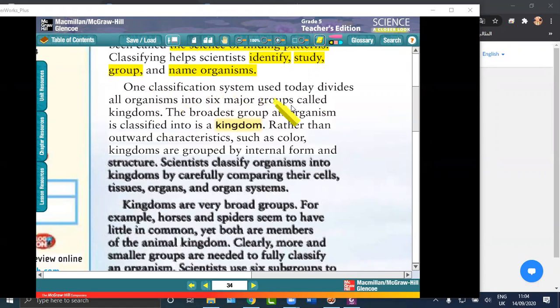One classification system used today divides all organisms into 6 major groups called kingdoms. Be careful here, 6 major groups called kingdoms. Continue. The broadest group an organism is classified into is a kingdom. Who can define kingdom?